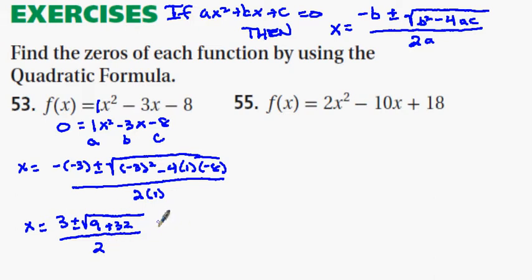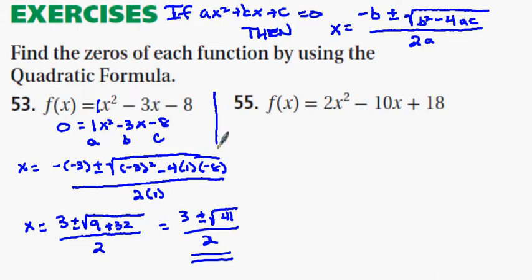So this then turns into 3 plus or minus the square root of 41 over 2. Realize that this indicates two answers: 3 plus square root of 41 over 2 and 3 minus square root of 41 over 2. That's the answer for number 53.